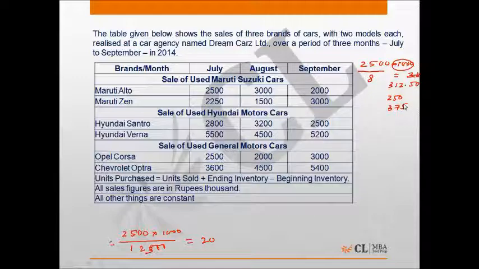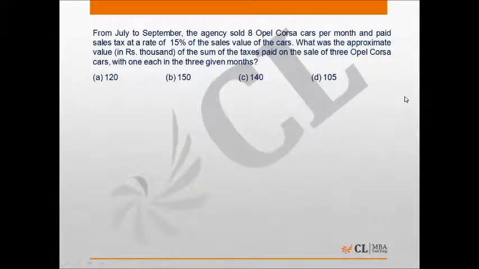We have to find the taxes paid on the sale of three Opel Corsa cars, one each in the three given months. And it is also known that the rate of tax paid is 15%.